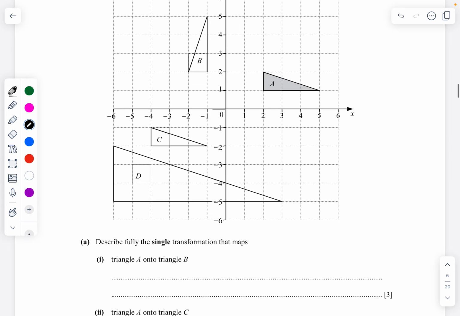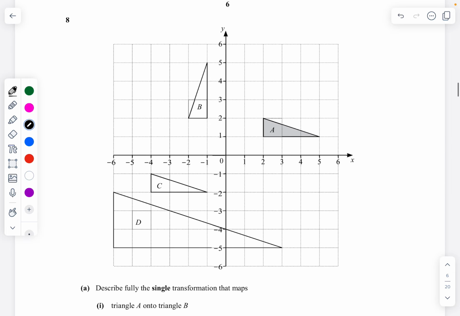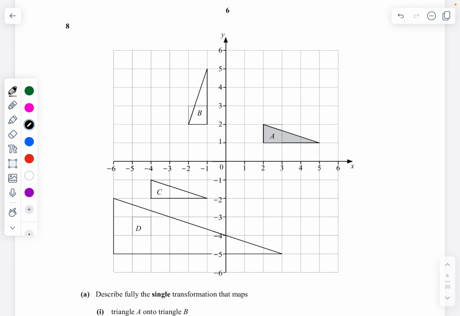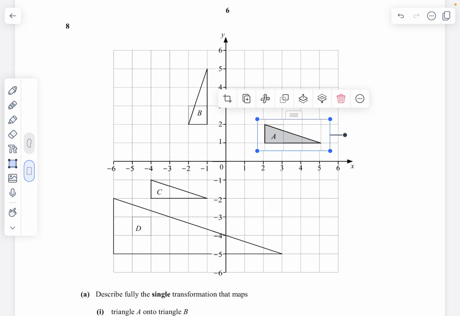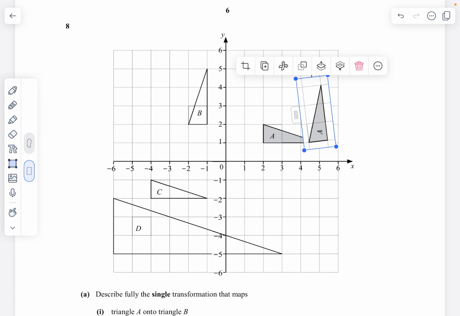Question number 8. Describe fully the single transformation that maps A onto B. So what is happening from A to B? This is A, copy, then I paste it over here, then A onto B. Clearly we can see that it is rotation, and it is going and matching over there.